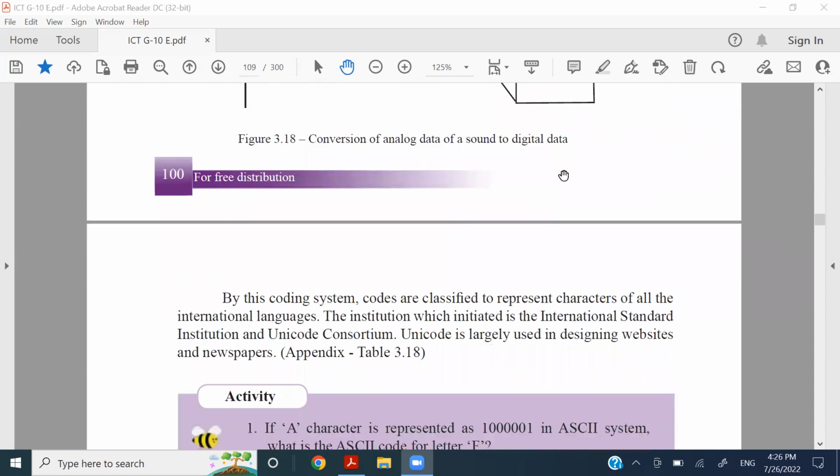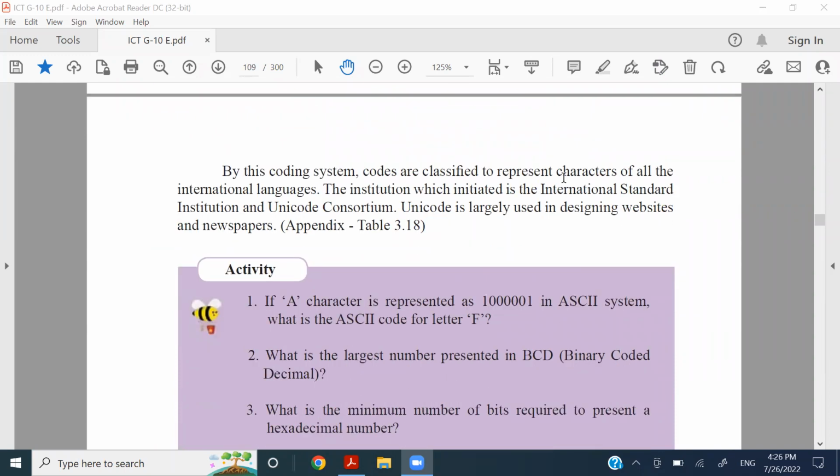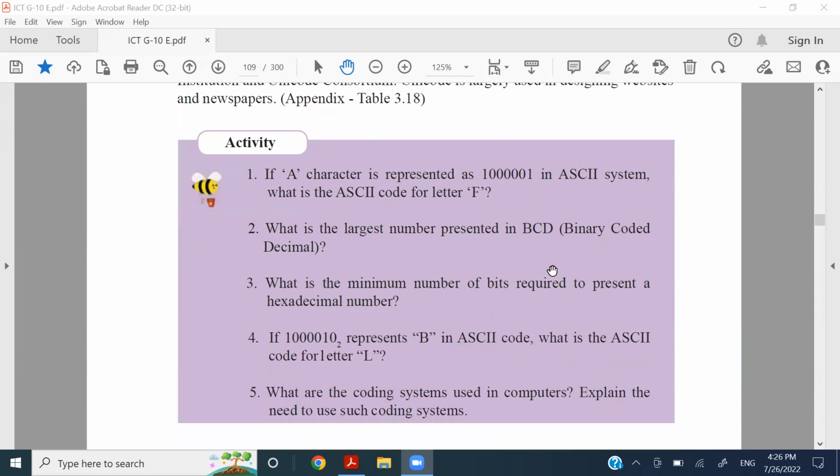Right, so those are the things that we have to do regarding the number system lesson. I want you to try this small activity over here, since we are done with the lesson.